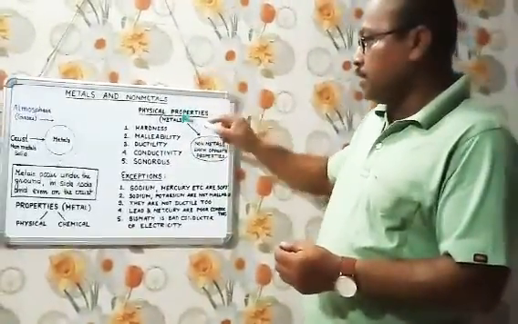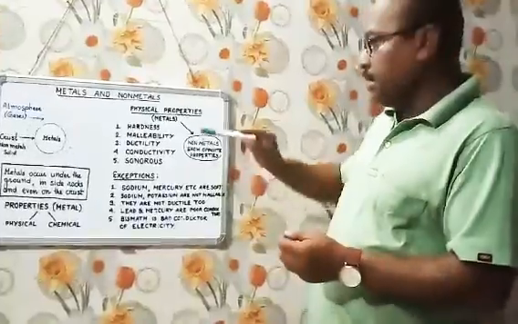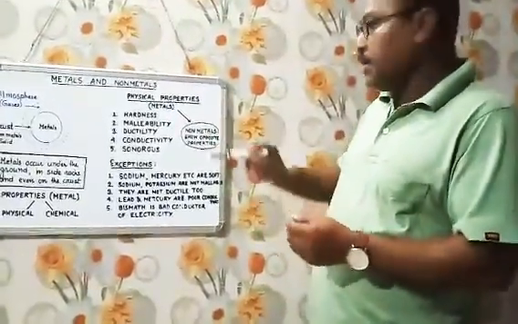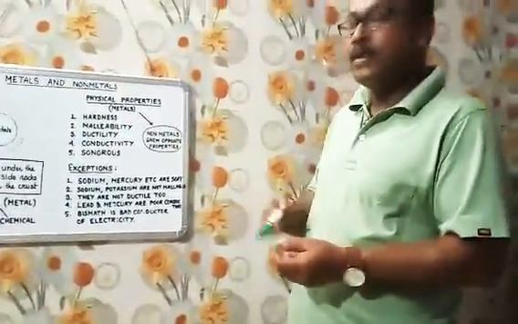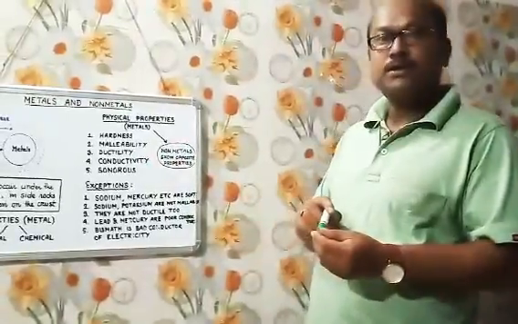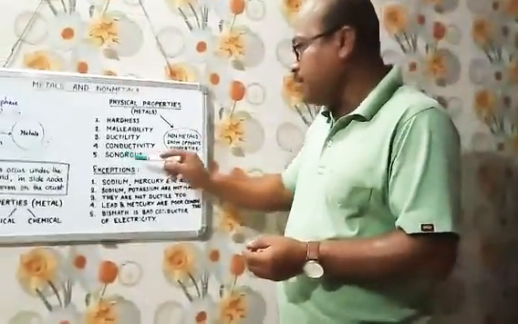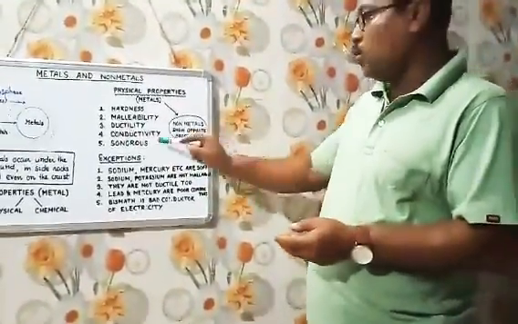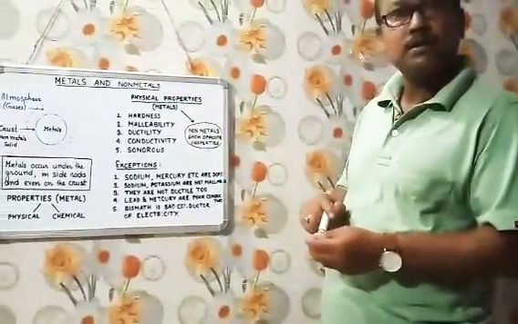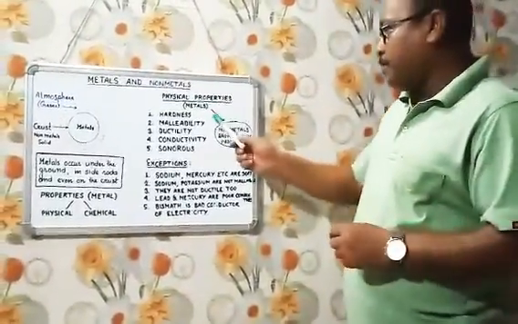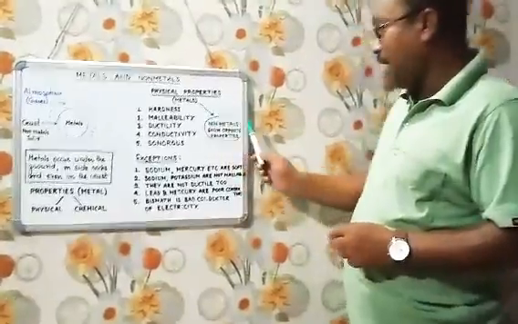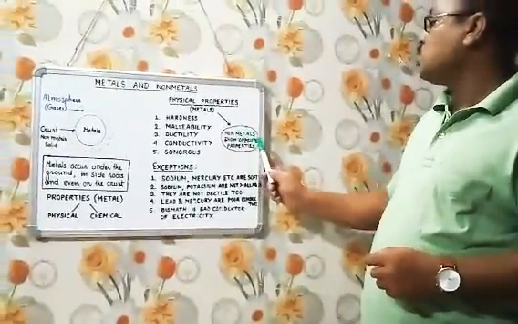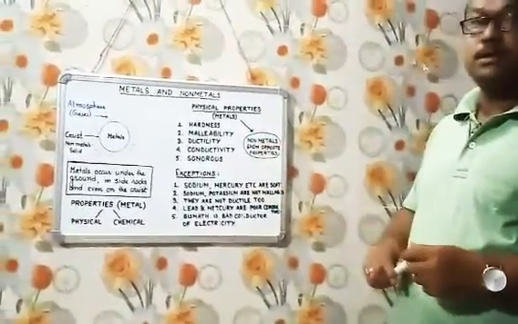If the element is hard, if the element is malleable, if the element is ductile, if the element is good conductor of heat and electricity, and if the element is sonorous, then obviously they are metals. On the other hand, if it is a non-metal, in the circle I have written, non-metals show the opposite properties of these.